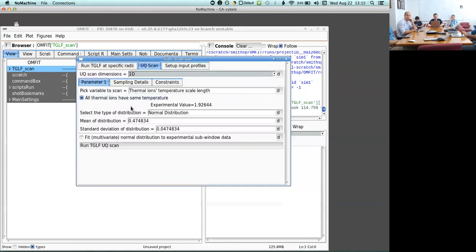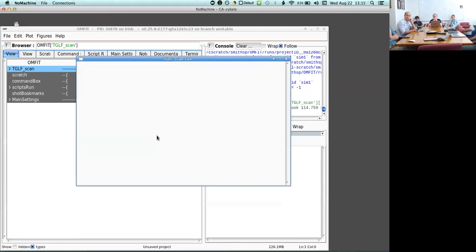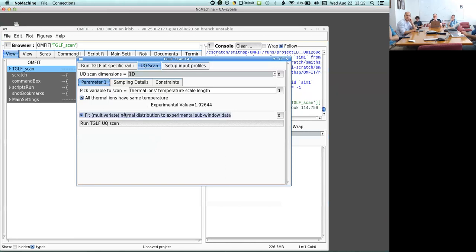I can either define the probability distribution of this parameter myself, the type of the distribution and its parameters, or I can tell OMFIT to fit a normal distribution or a multivariate normal distribution to the experimental sub-window data. If you want to compare with the experiments, that's what we want to do. So I'm going to checkbox this one.